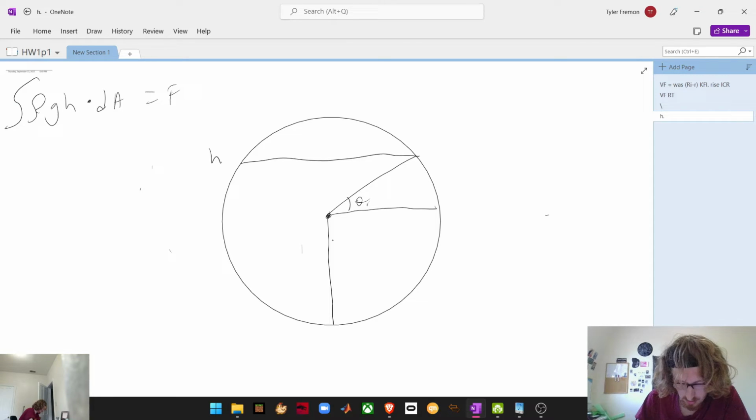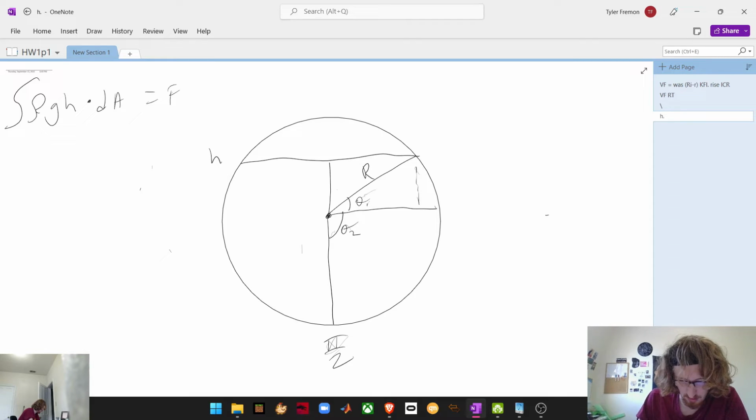Here we're going to have theta 1 and theta 2. Theta 2 is just going to be equal to pi over 2. We don't need to worry about that right now. Our goal is to figure out how to express theta 1. Theta 1 is going to be equal to the arc sine of this segment here over our hypotenuse, which is just our radius.